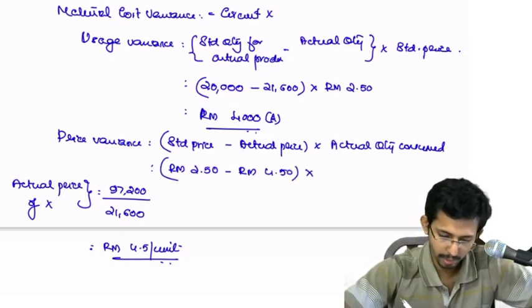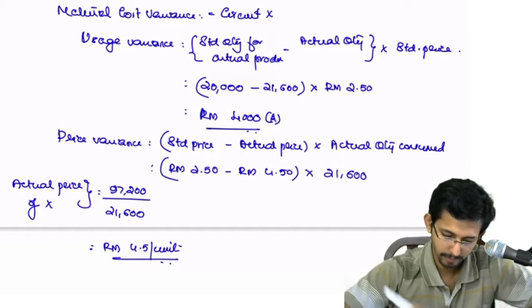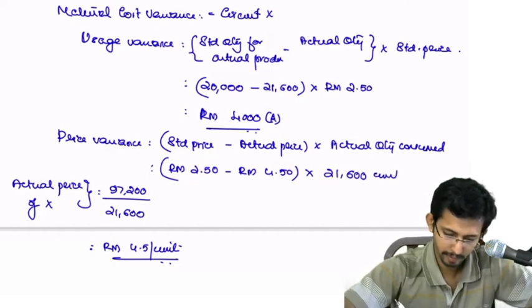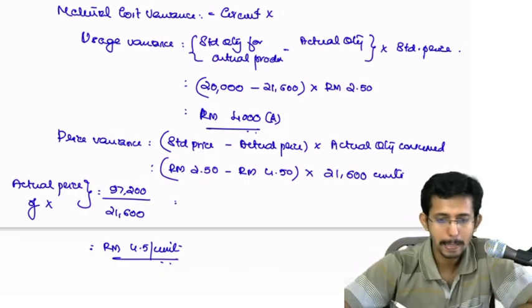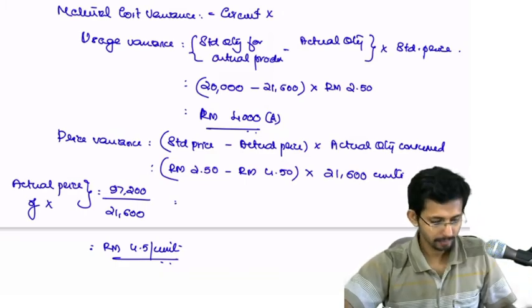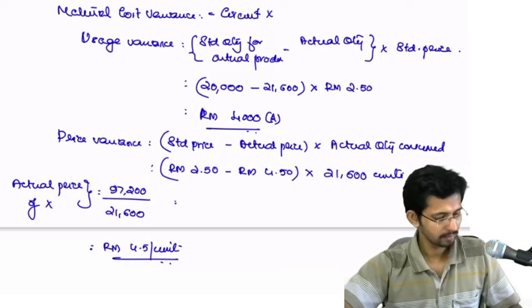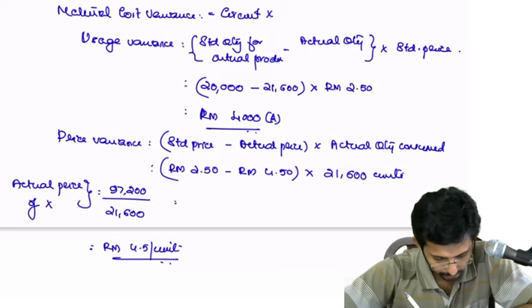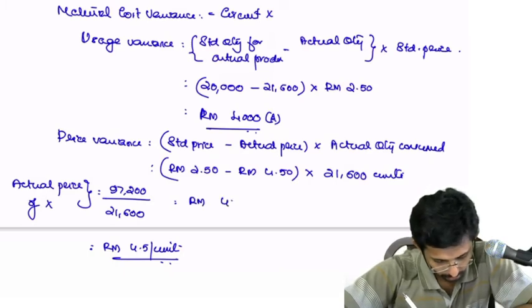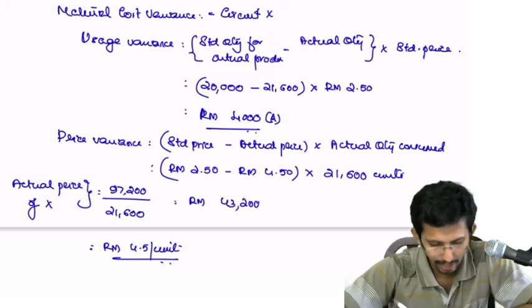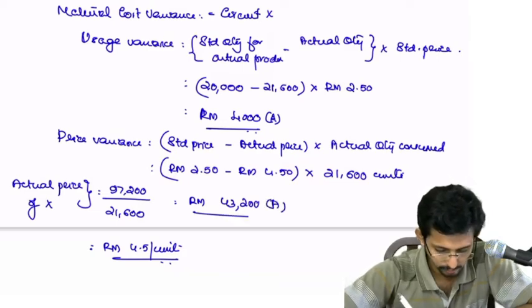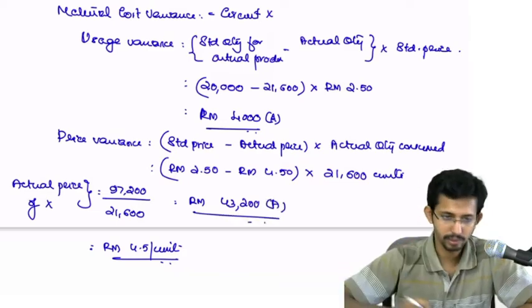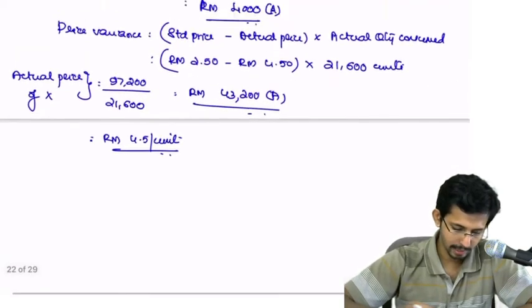Actual quantity consumed 21,600. That is equal to 43,200. Again, actual price is higher than standard price, so it is adverse. 43,200 adverse. Okay, now that is Circuitex.